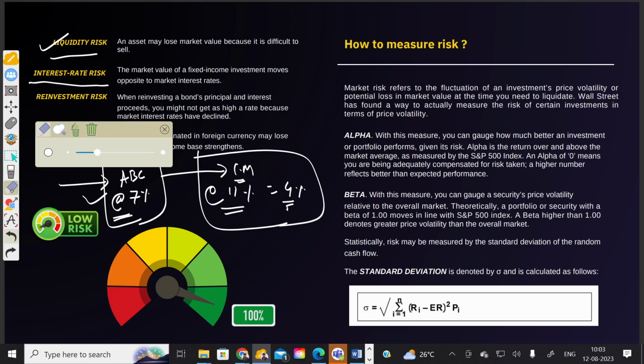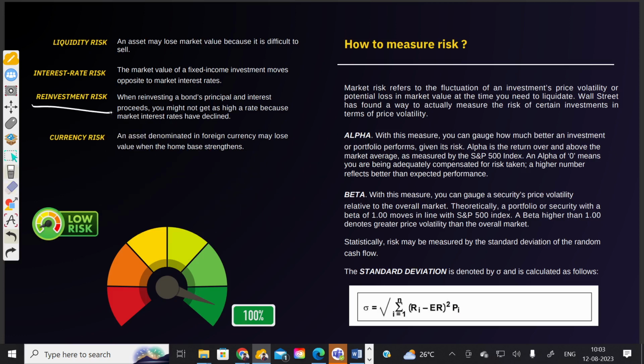All right. So the other risk that you would see is reinvestment risk. When reinvesting a bond's principal and interest proceeds, you might not get as high a rate because market interest rates have declined. So at the time of reinvesting, you should evaluate the market, and if the market interest rate is good, in your favor, then definitely that would be a positive move.